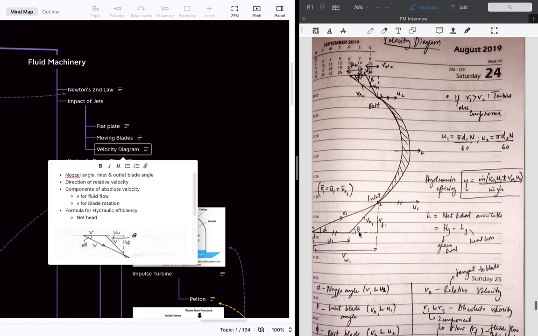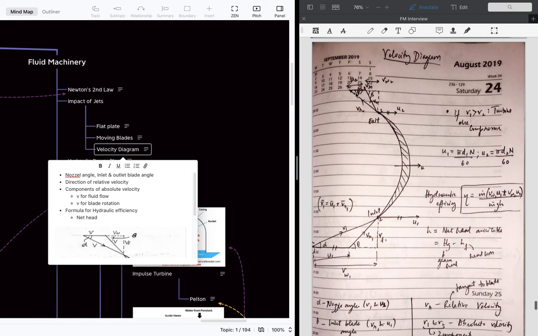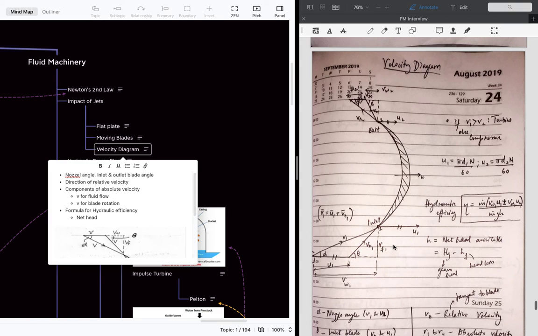Theta is the inlet blade angle, and phi is the exit blade angle. This is the phi exit blade angle. As we know, this is the overall blade velocity here. When the fluid is entering, at that point the blade velocity will be u1, and this same velocity vector is transferred here and a triangle is made. The absolute velocity is nothing but the blade velocity at the inlet plus the radial velocity.